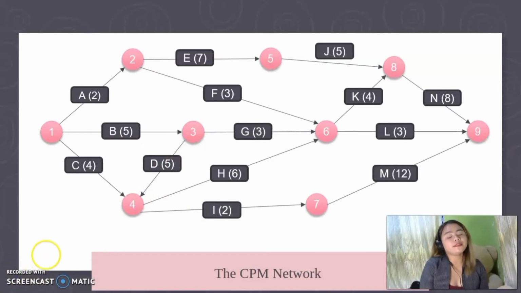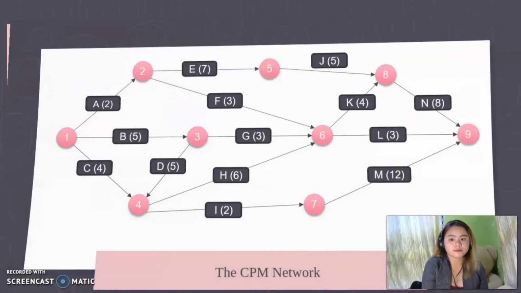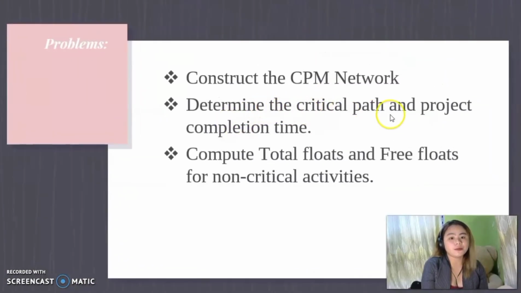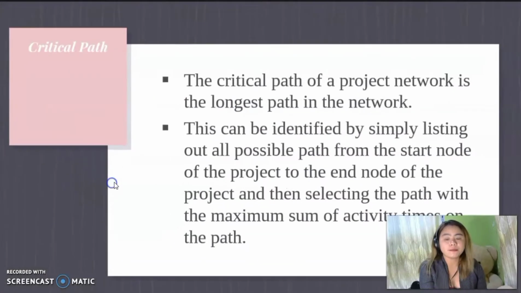So now we're going to move to our second problem, which is to determine the critical path and project completion time. But before that, first let me explain what the critical path is.